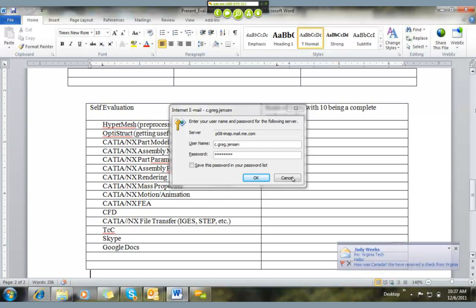The other 4 questions will deal with the topics covered since the midterm. So I think there's FEA, there's motion, mass properties, and CFD. I hope I remembered that right.